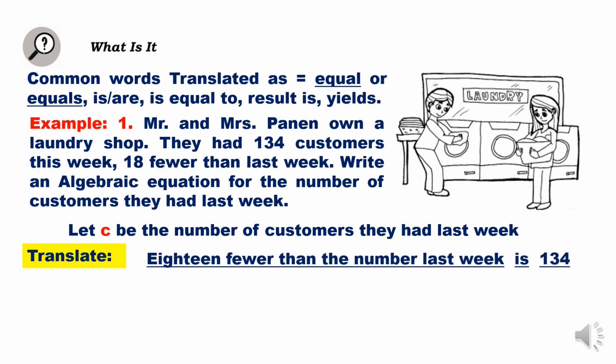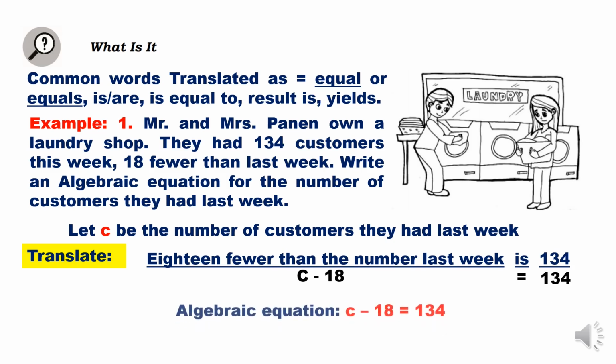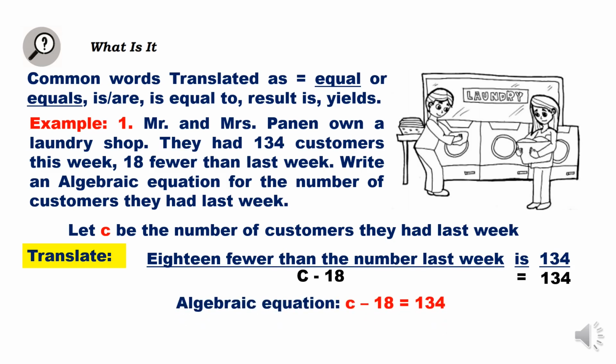Translate: 18 fewer than the number last week is 134. So C minus 18 equals 134. Algebraic equation: C minus 18 equals 134.